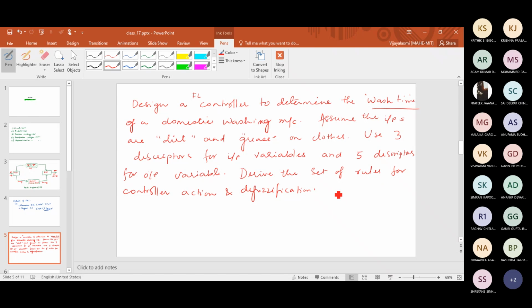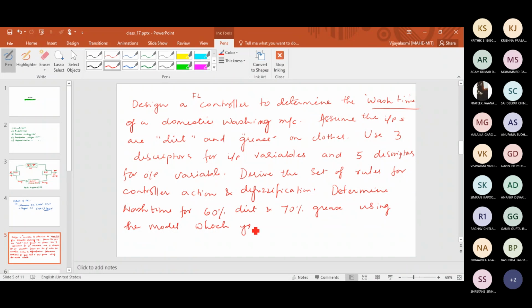Determine the wash time for 60% dirt and 70% grease using the model which you have designed.